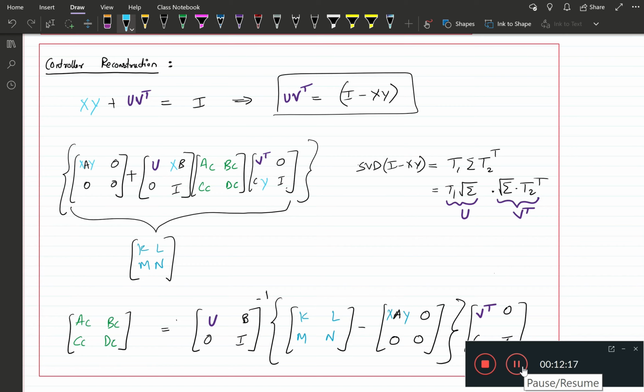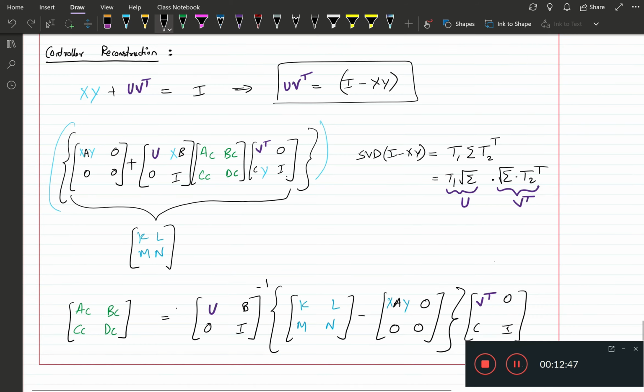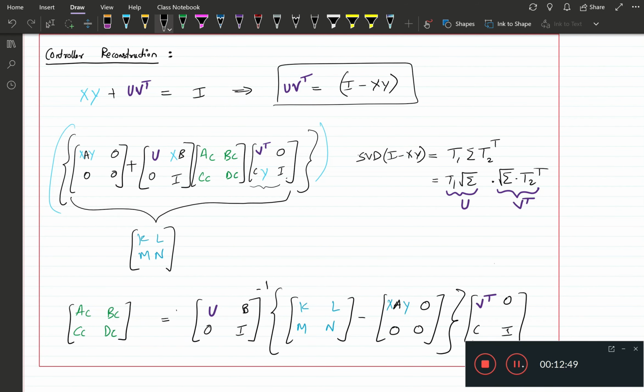So we have to reconstruct our controller from the new variables X, Y, K, L, M, N, and that we can do by simply looking at this one here. So we had equated this term in the bracket to be equal to K, L, M, N. Now we can just solve for Ac, Bc, Cc, Dc by first subtracting X A Y from K, L, M, N, and then inverting from the left and from the right using these factors.